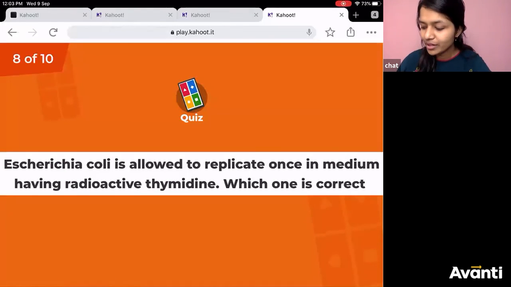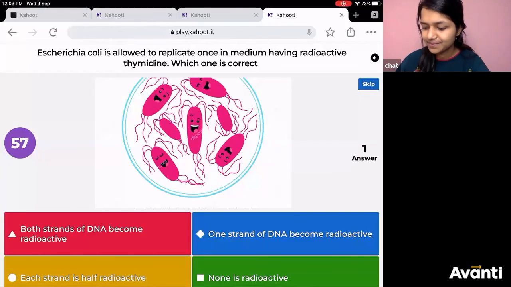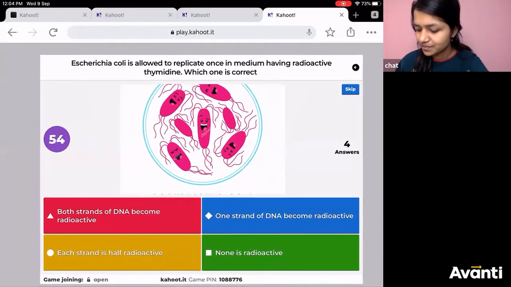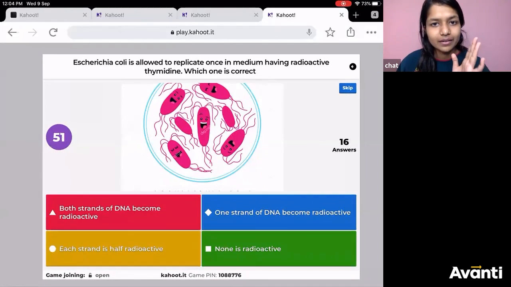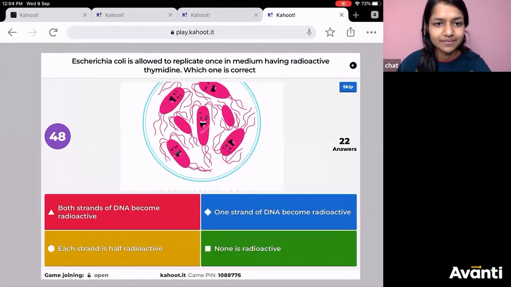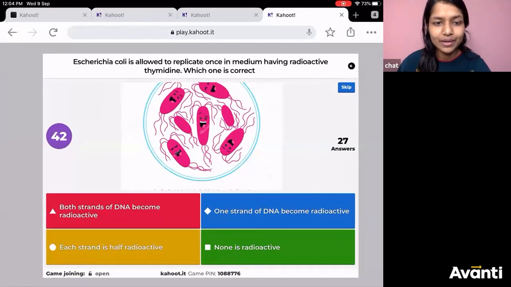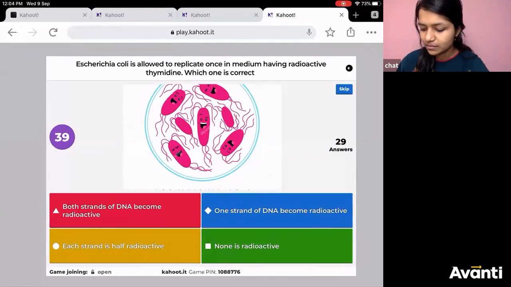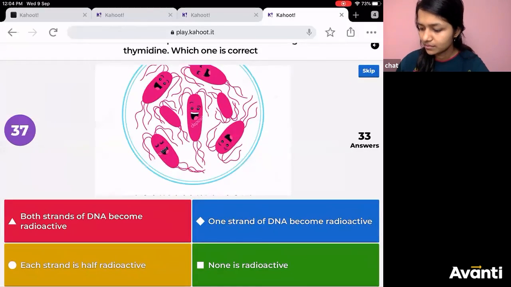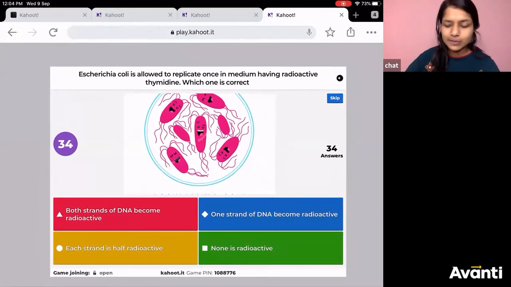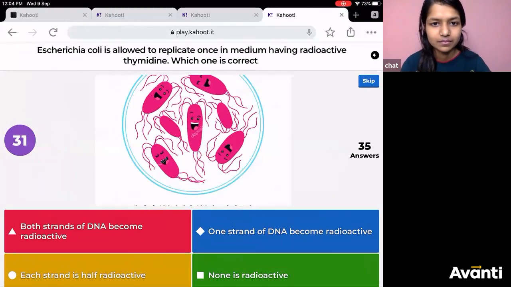Escherichia coli is allowed to replicate once in medium having radioactive thymidine. Which one is correct? देखो, they have changed nitrogen to thymidine, right? Escherichia coli, they are growing in radioactive thymidine. What will happen? It is allowed to replicate once, एक ही बार replicate कर रहे हो, and the medium is radioactive thymidine.